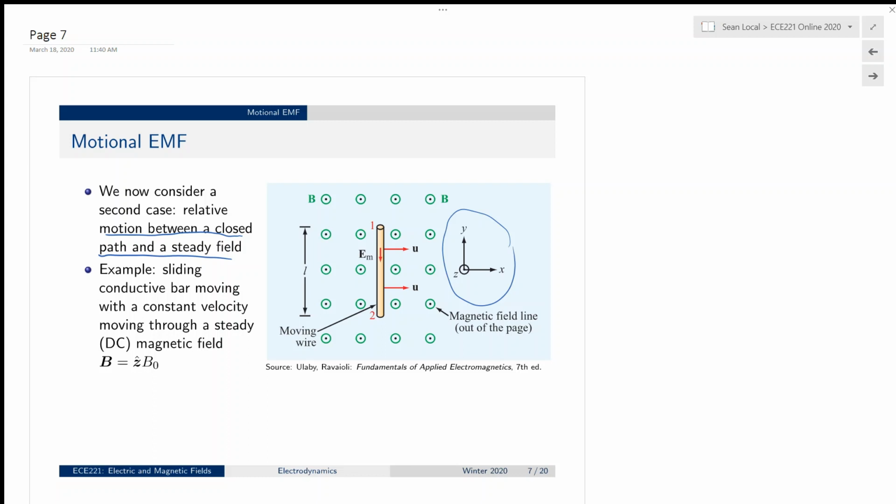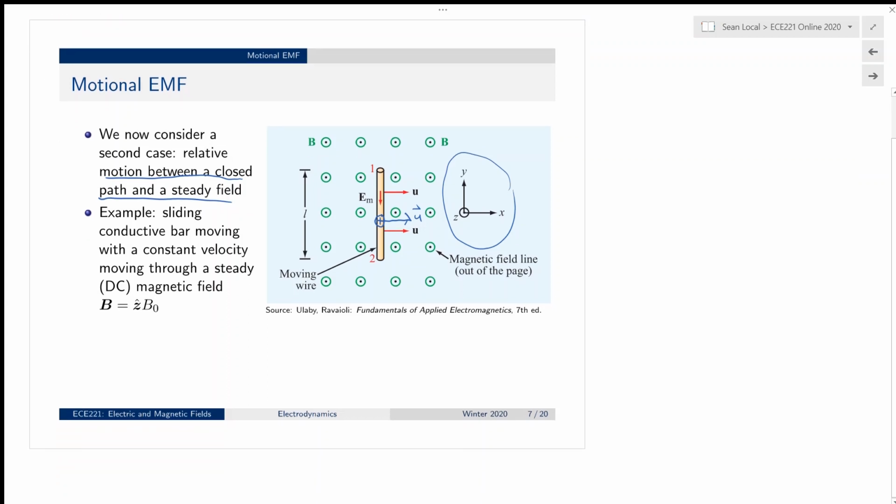There are many free charges in this conducting bar, and let's for a moment consider a positive charge, and that positive charge is being moved to the right with some velocity u. We know that because we're moving that charge in the presence of a magnetic field, there will be a magnetic force exerted on that charge.